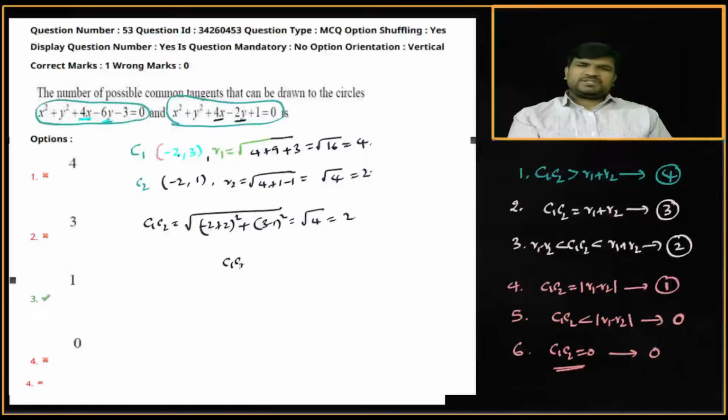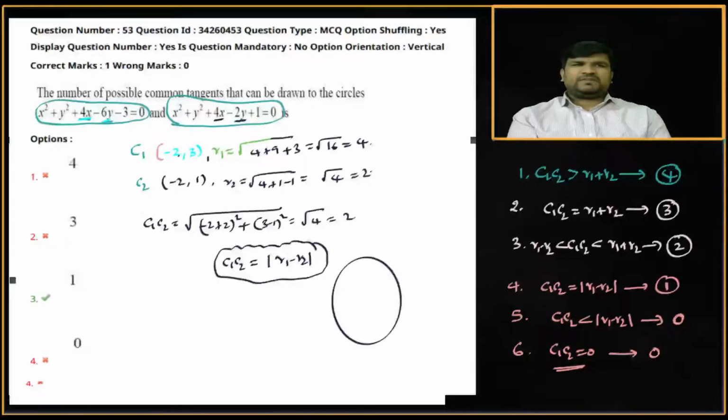So C1C2, the distance between the centers, equals mod R1 minus R2, meaning the two circles touch each other internally. If two circles touch each other internally, we can draw one common tangent. Therefore, the number of common tangents is 1. So the answer is 1.